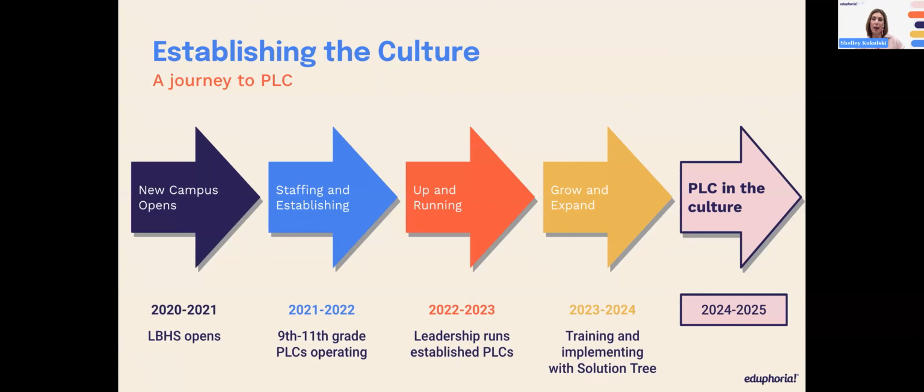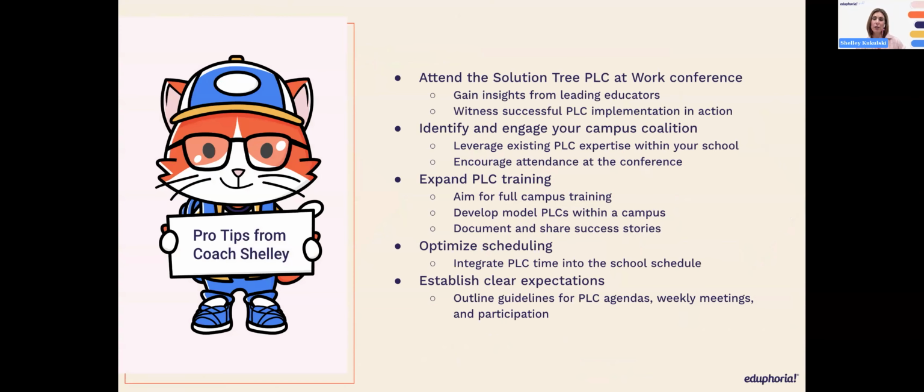So the first thing I would say has to happen is to attend. Your teachers, your principal, and campus leaders must attend a Solution Tree PLC at Work conference. Hear the leaders and see the amazing student learning that occurred on their campuses with the use of highly effective PLCs. That is a definite must.